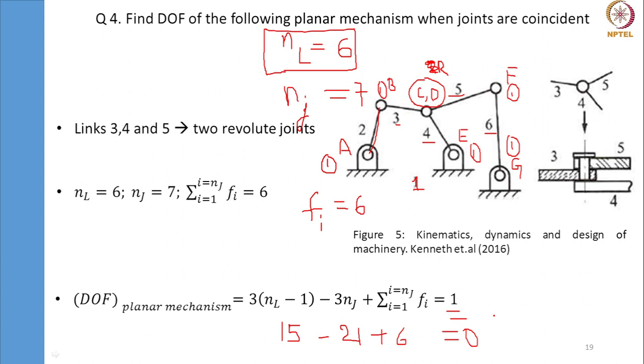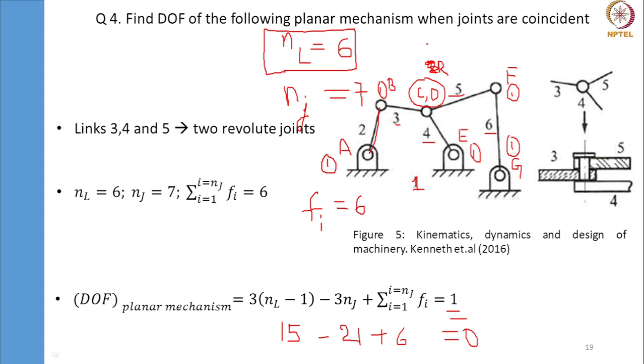Sir, C and D have 2R, right? So if there are 2R's, then A, B, E, G, F will have 5 plus 2R. So it will be 7, right? Just a moment. 3 and 4 is one R joint. 3 and 5 will be another R joint.